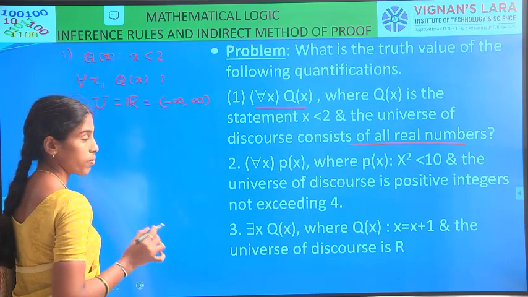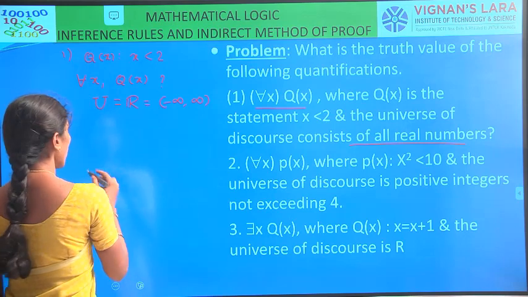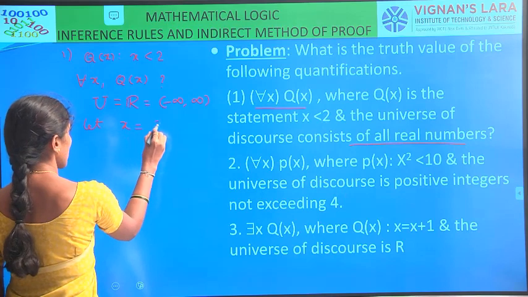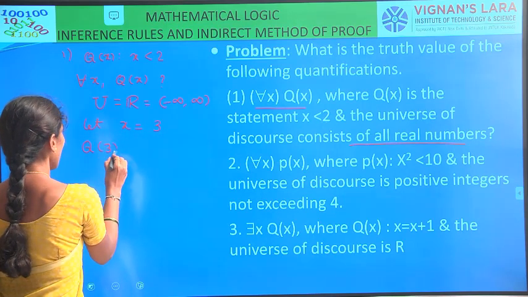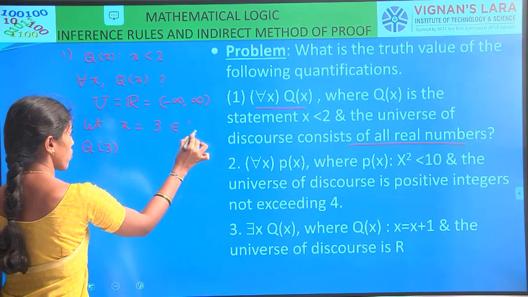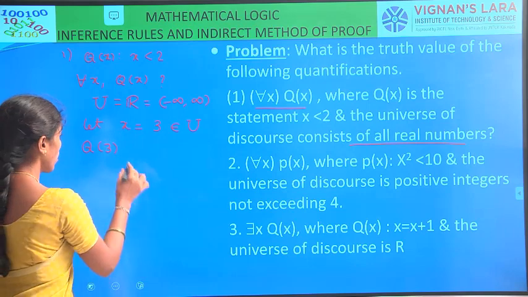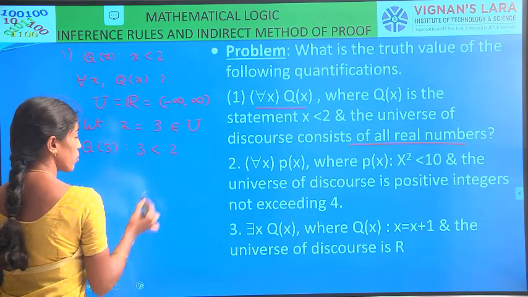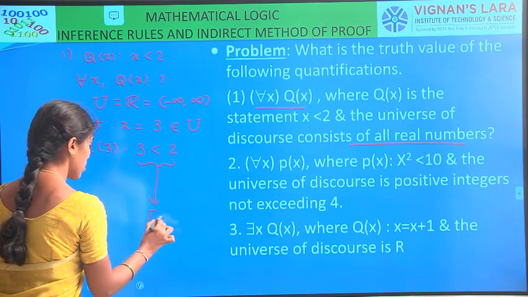Because the universal set consists of the set of real numbers, let x be equal to 3. Now Q of 3: does 3 belong to the universal set or not? Yes, because 3 is a real number. Q of 3 is 3 less than 2. Is it true? No, it is false.